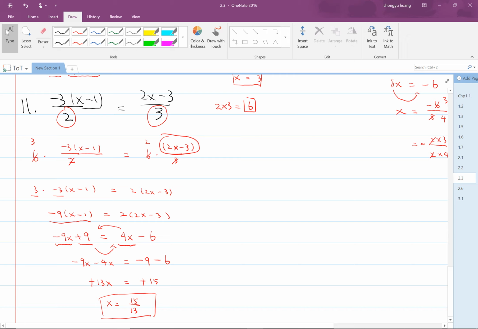The answer is actually a fraction, so the answer here is x equal to 15 over 13.